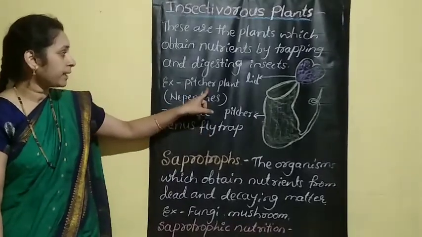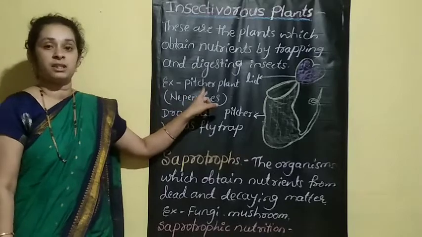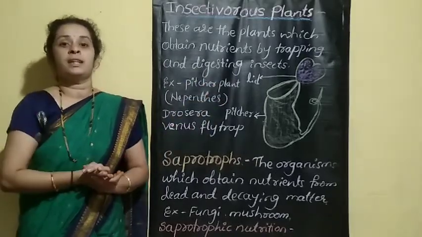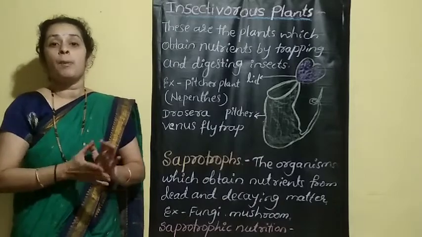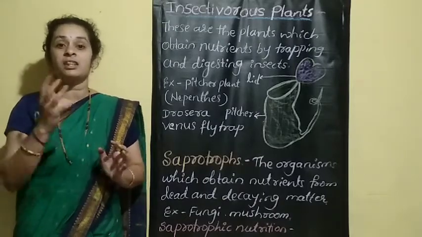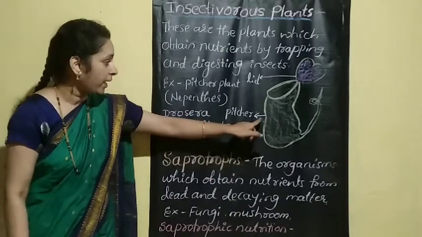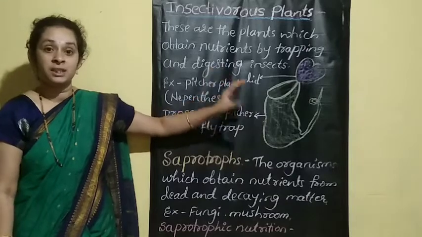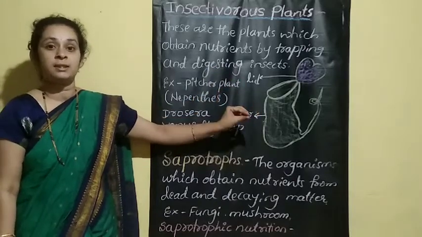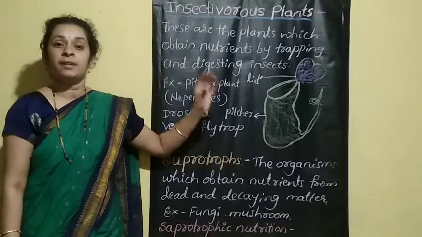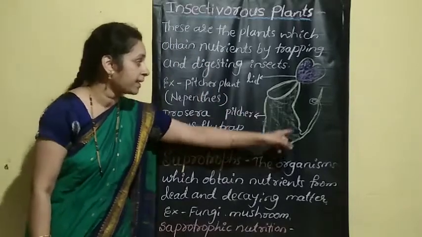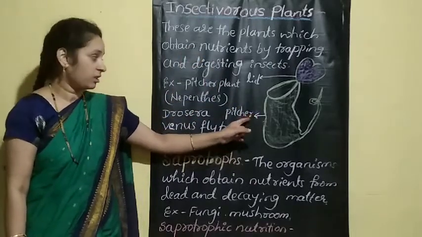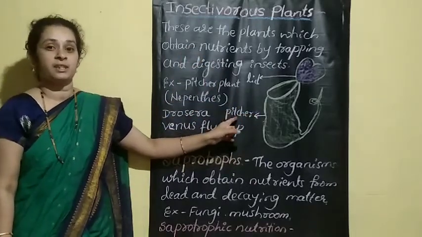First, in detail we have to discuss the pitcher plant. In the pitcher plant, or Nepenthes, part of a leaf is modified into a pouch-like or jug-like structure that is called the pitcher.